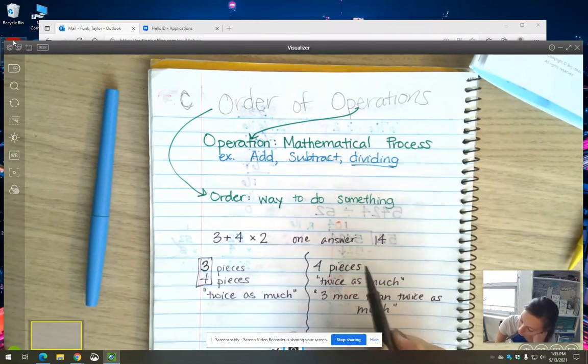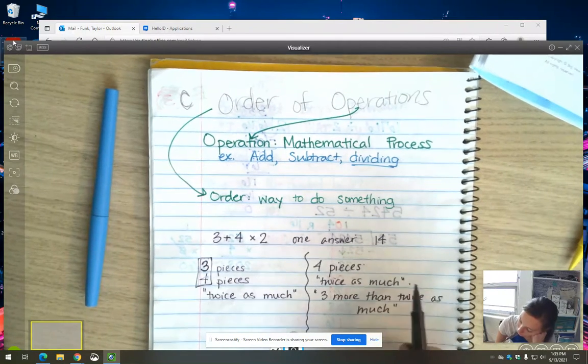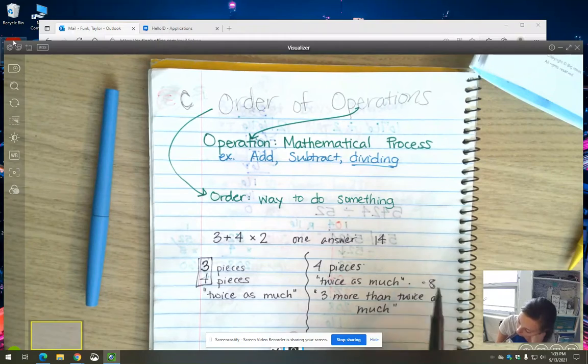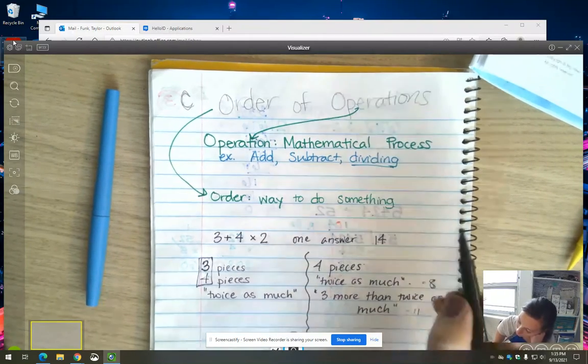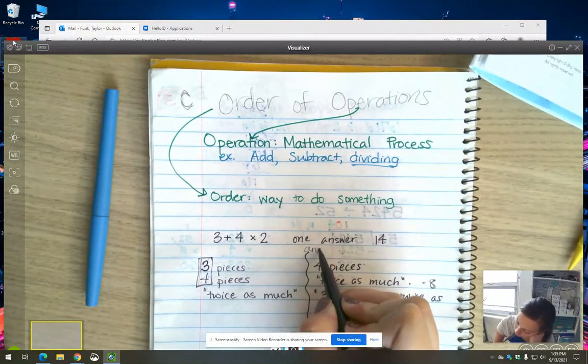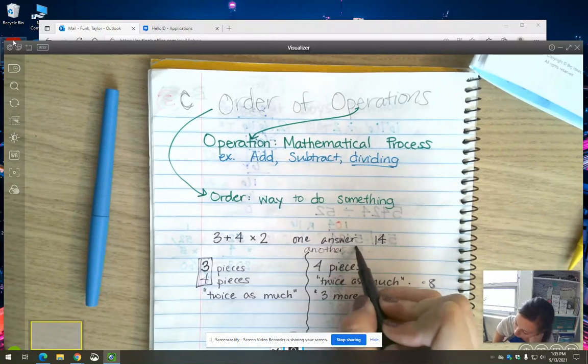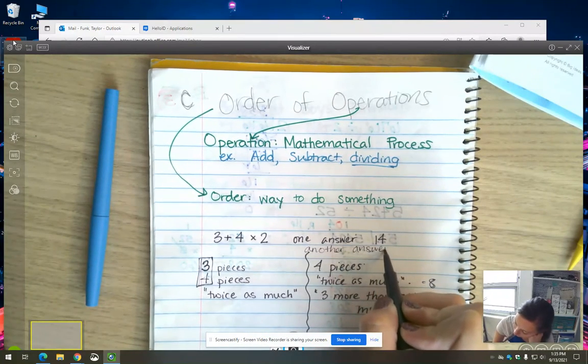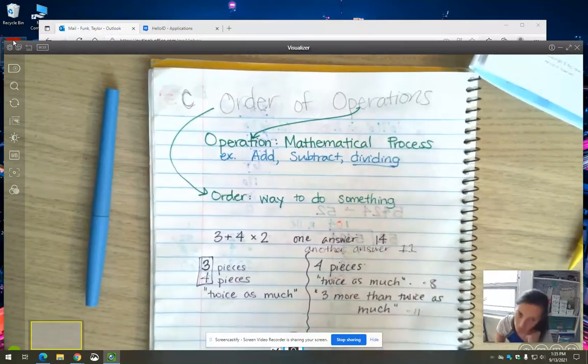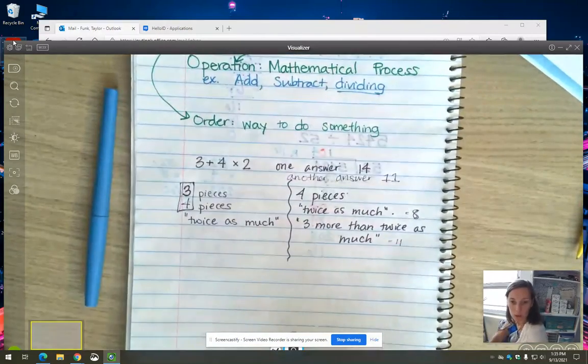So in this case, if I have 4 pieces and I have a friend that has twice as much, that friend would have 8 pieces, and 3 more than 8 would be 11. So another answer is 11. So then the question is, which one's right?